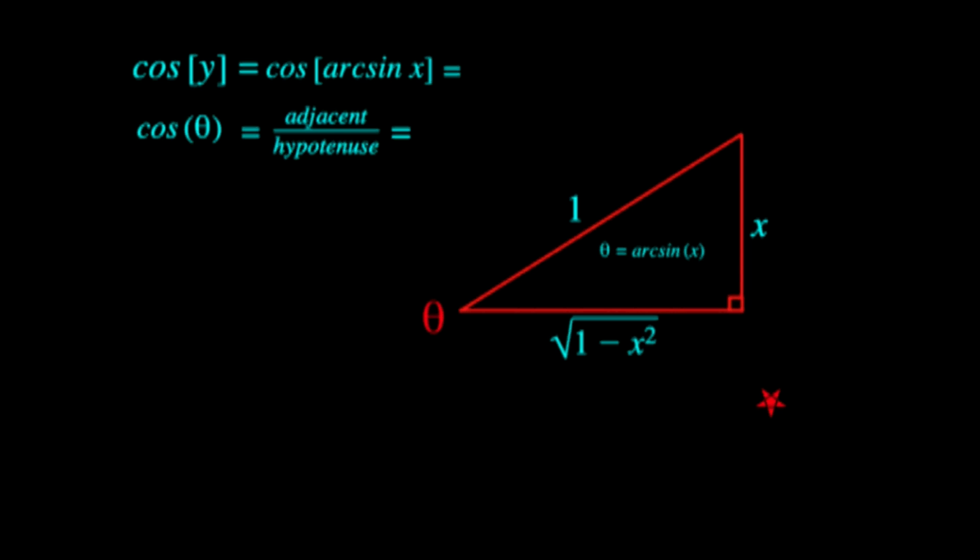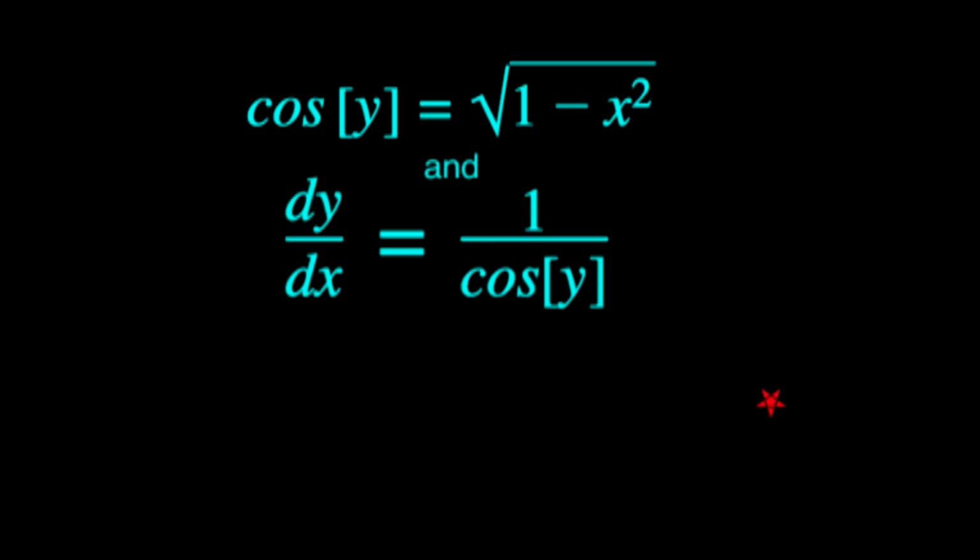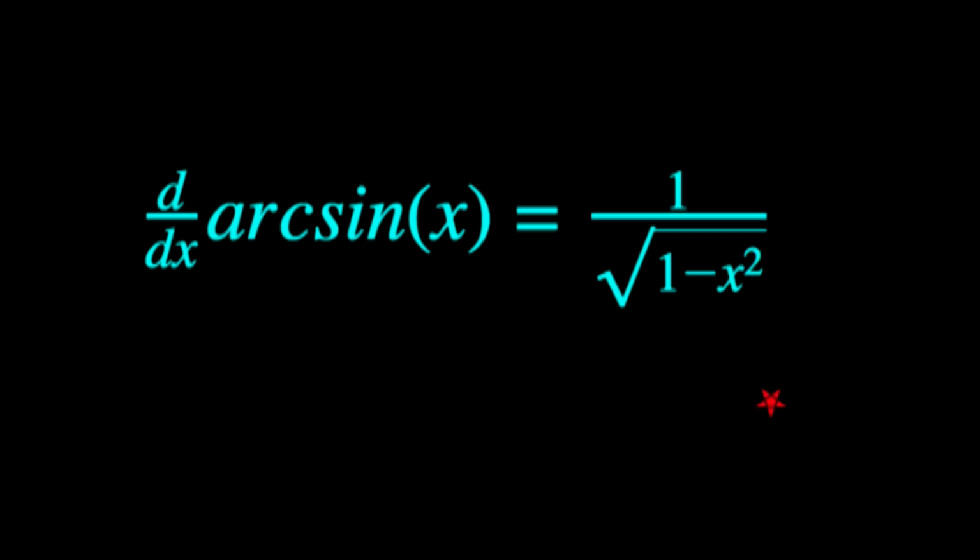So if we take the values for top and bottom, we find that cosine theta is equal to root 1 minus x squared. With a meaningful expression for cosine of y at hand, we can substitute it into the corresponding expression for dy dx. And now we have an expression for the derivative of arcsine of x in terms of x.